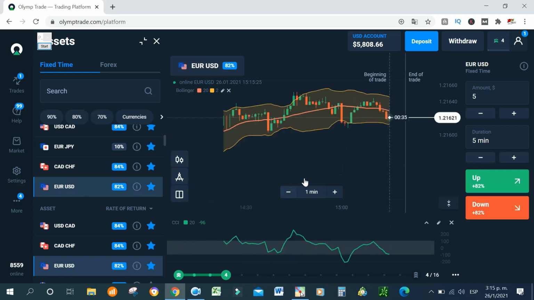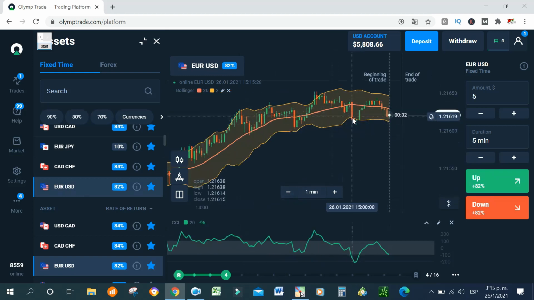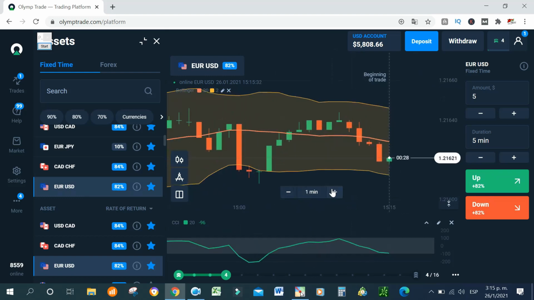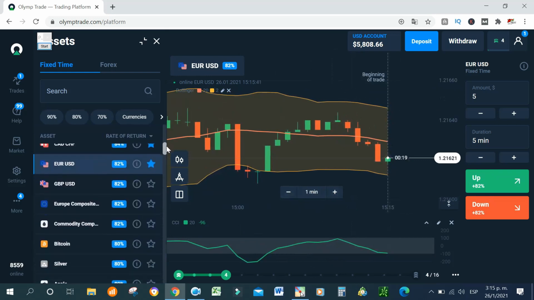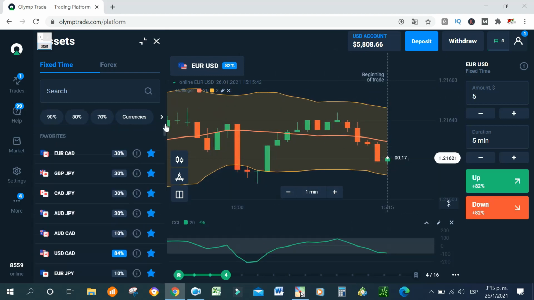If it does this move again, or a move like this, we can get in. Let's wait.